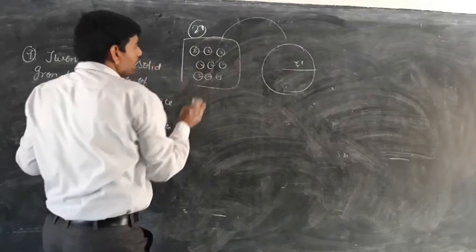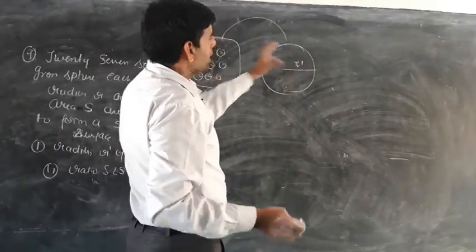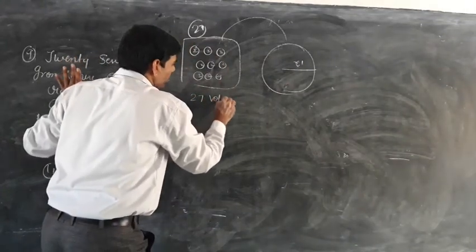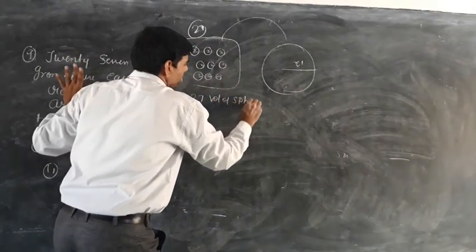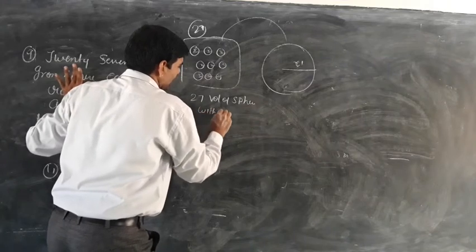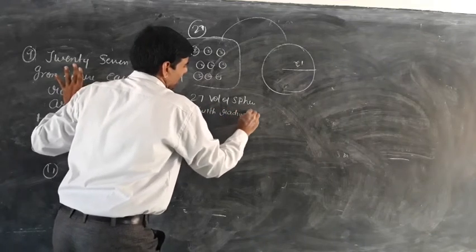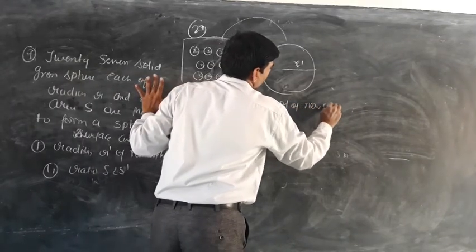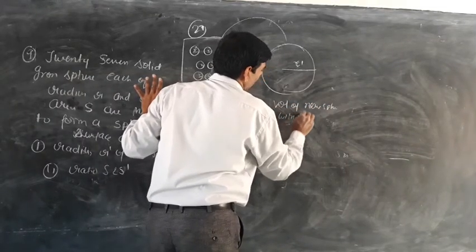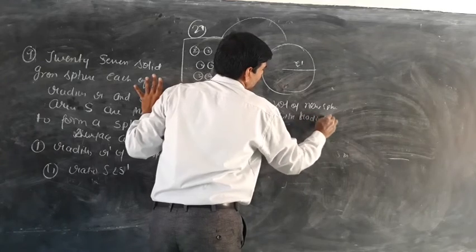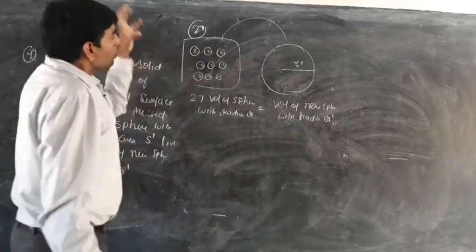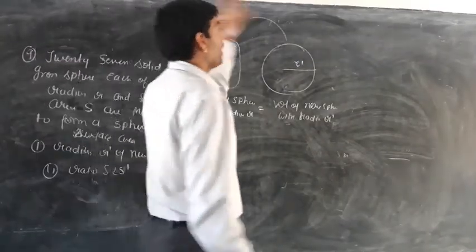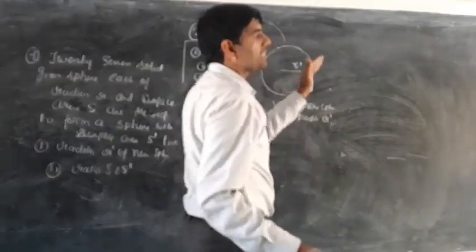Therefore, since this is converted to this, both volumes will be equal. That is, 27 times the volume of a sphere with radius r is equal to the volume of the new sphere with radius r dash. Once again, the question: 27 solid iron spheres are melted and converted to a new sphere with radius r dash.